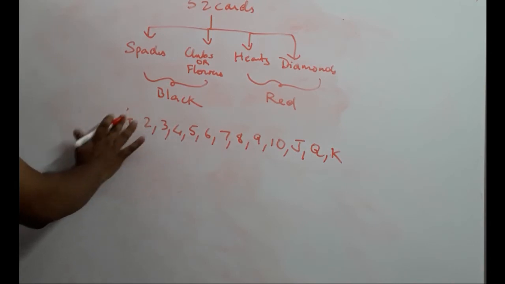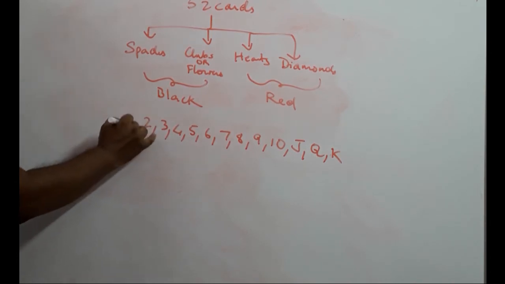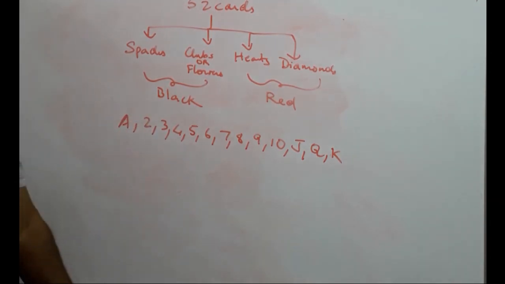Queen and king. So if you get a question which says what is the probability of getting a joker in a pack of 52 cards, the probability is 0, because the joker does not belong to a pack of cards.